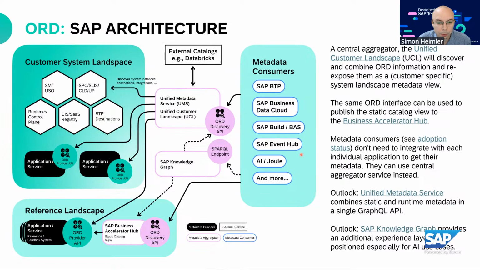Our event hub also uses it because it needs to know which events are really there in the landscape. And currently we are also working on getting our AI and Joule architecture to use more metadata to make it better.